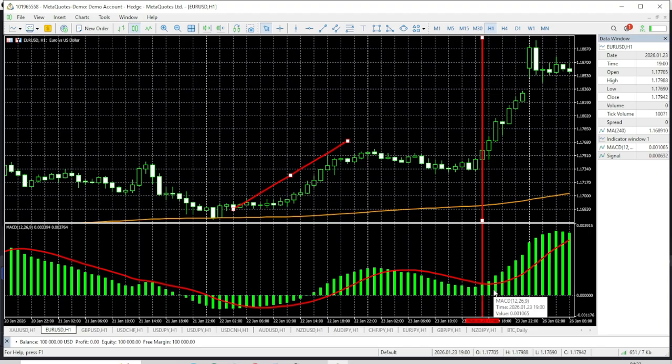Then this particular histogram bar became the first histogram bar to close above the signal line. After we had a drop, we had a pullback.